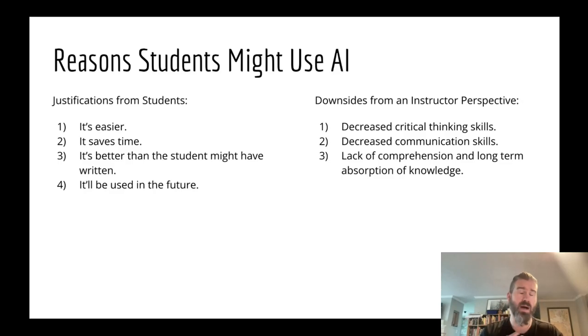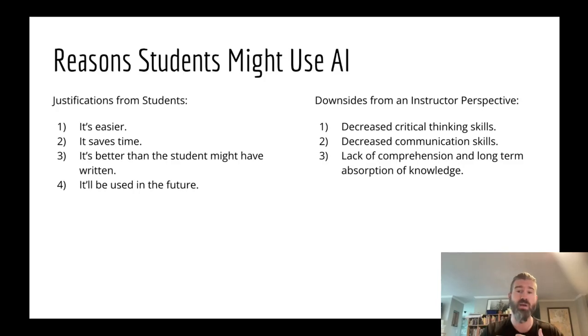Now, the downsides from my perspective as an instructor is that when we use AI, especially for idea generation, whether that's writing something or coming up with an outline, we're losing an opportunity to strengthen our critical thinking skills, which is one of the number one 21st century skills that employers are looking for.